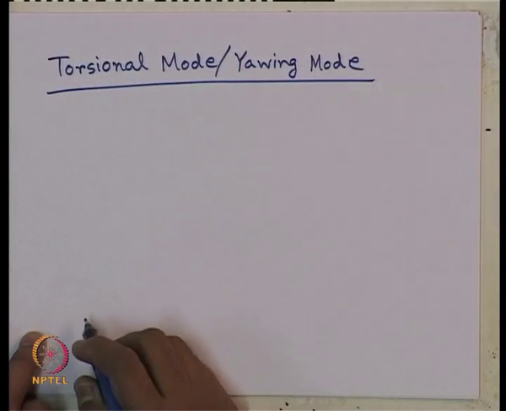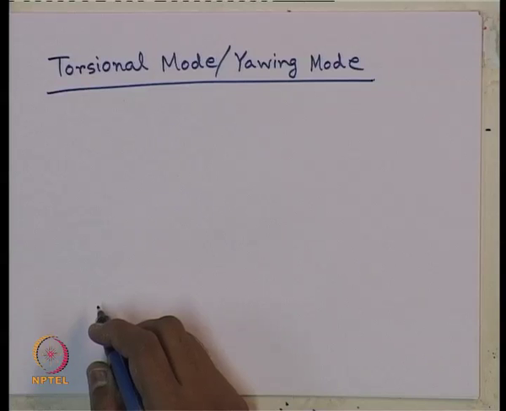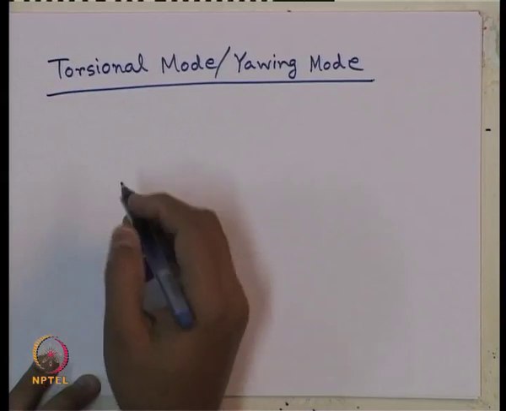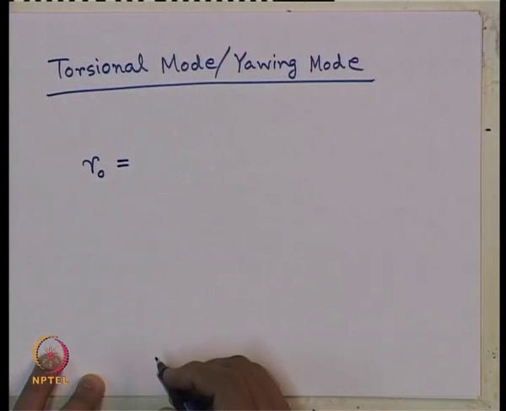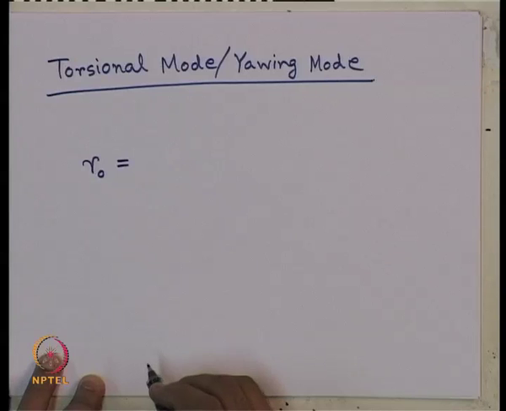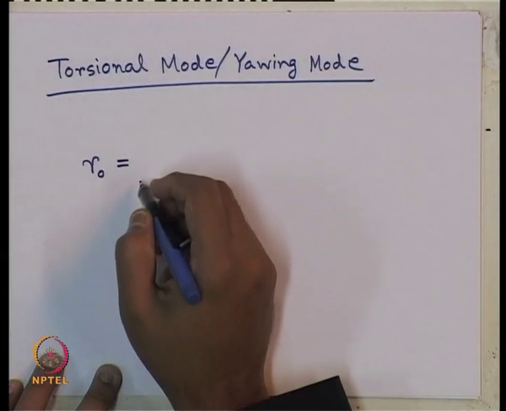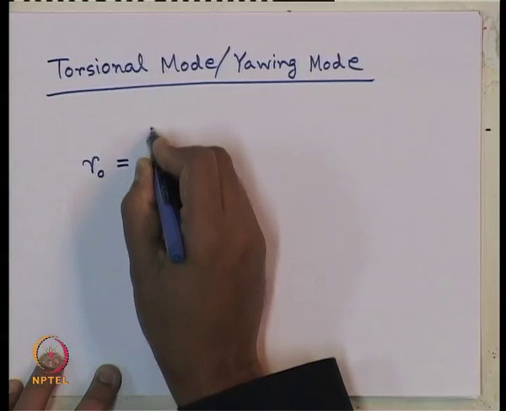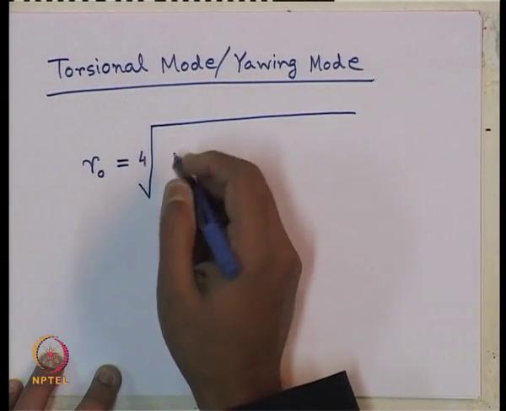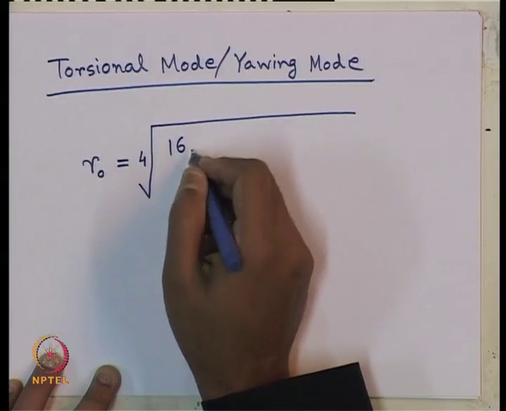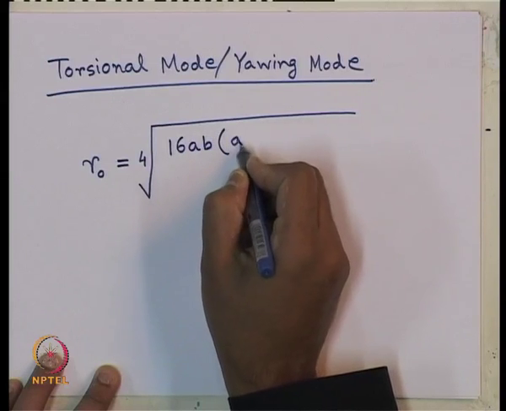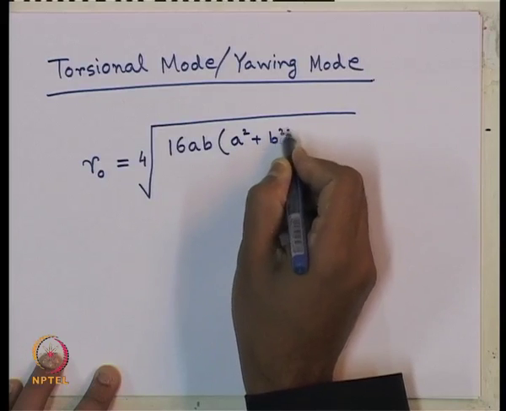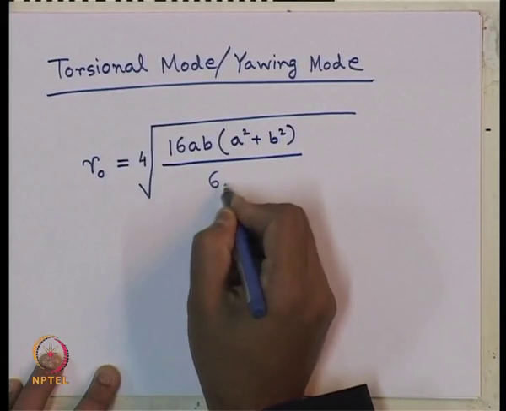In this case, again the projected area has to be compared with respect to the area moment of inertia for a circular footing and a rectangular footing, and the formula is given by this. R naught is obtained as the 4th root of 16 a b (a square plus b square) by 6 pi.